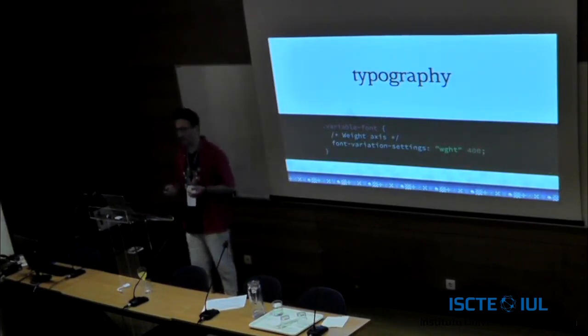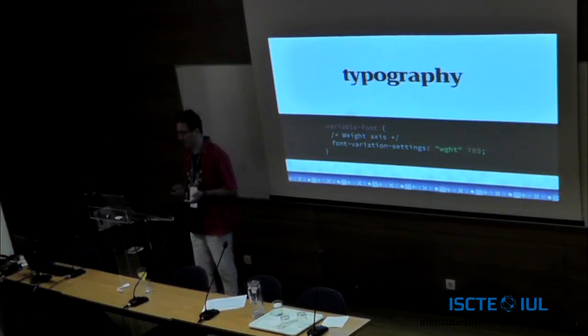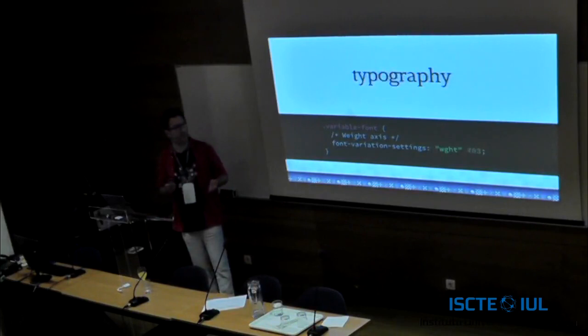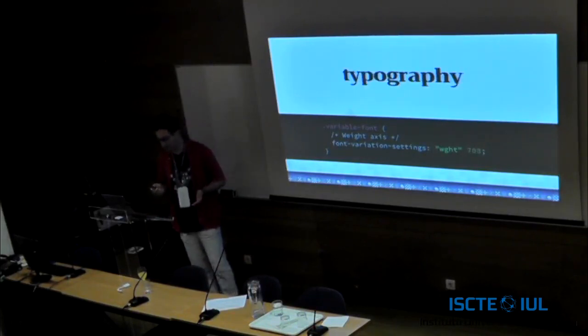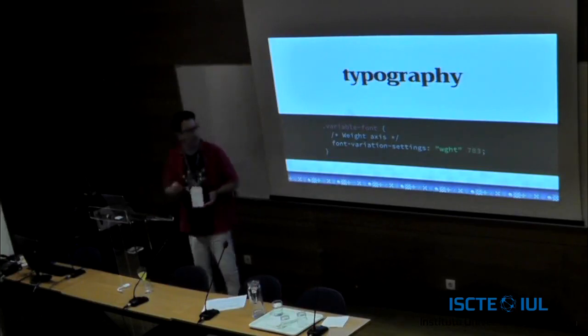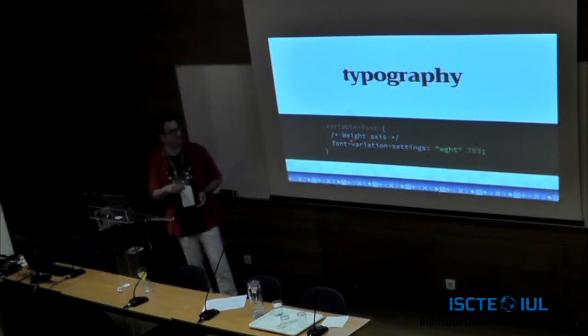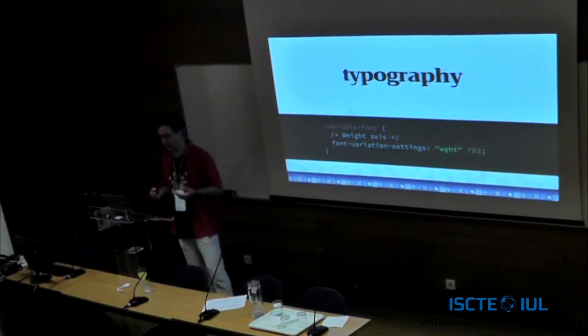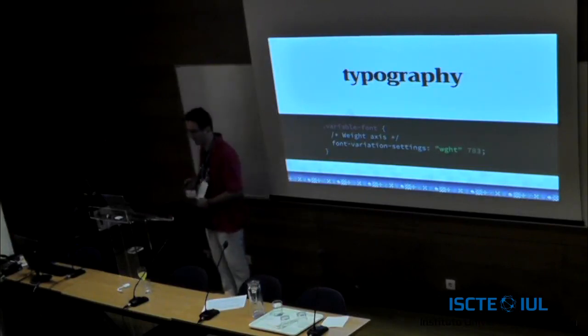But as I mentioned, we can use another weight, for example 783. And the weight will change this way. Also, I have to tell you about this term, axis. All the features of the font, all the styles, are called axes in typography. So all the variation options are called axes, that's why it's there.